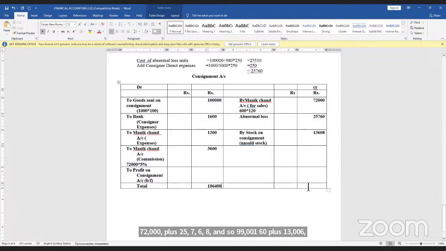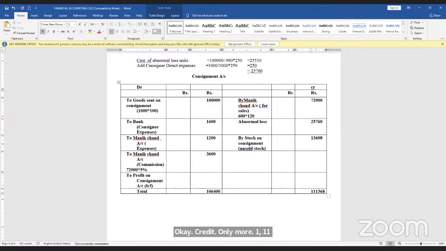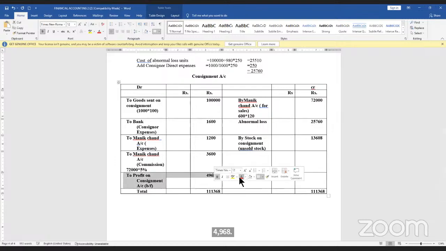Okay, credit is more. 1,11,368 minus 1,06,400. The profit is made. Profit of 4,968. Right? Hope everyone understood.